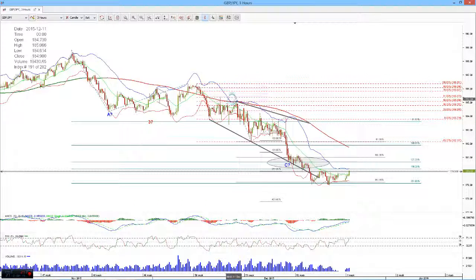So that's the length of the third wave. That's the fourth wave. So you measure the third wave and you place it at the beginning of the fifth wave, and then you have that level. And the market reacted one time, second time. This looks like the third time in this area.